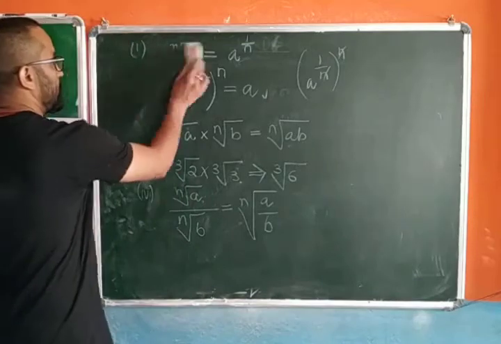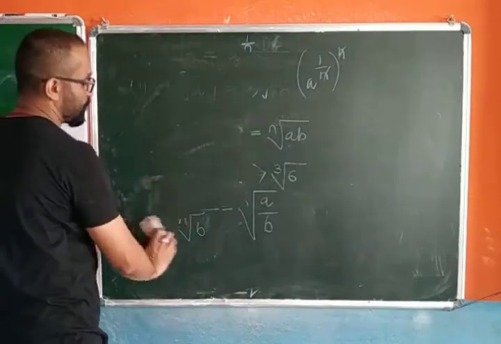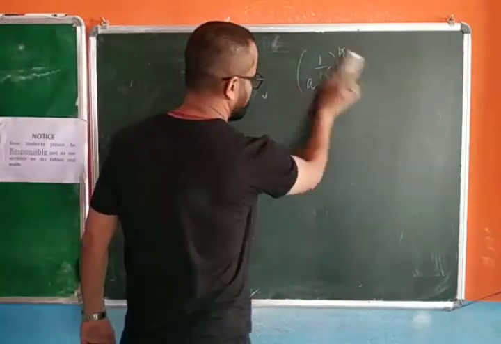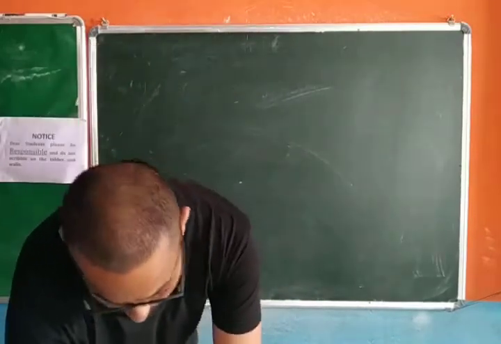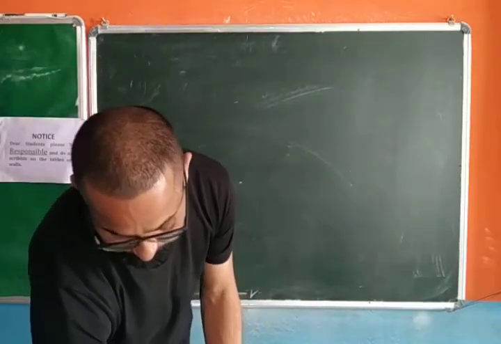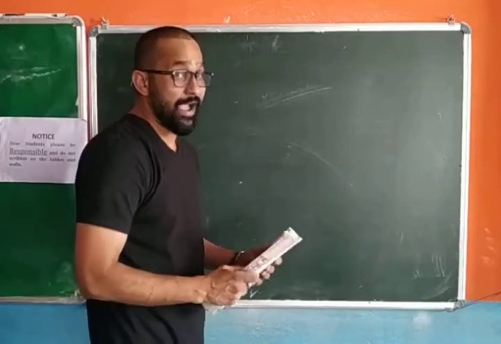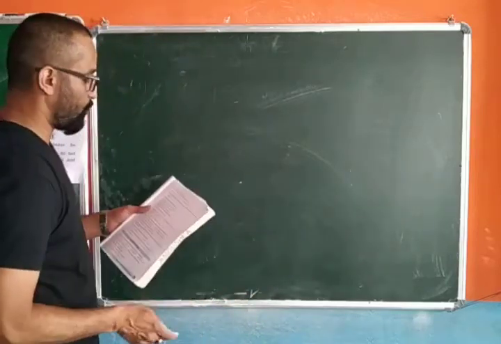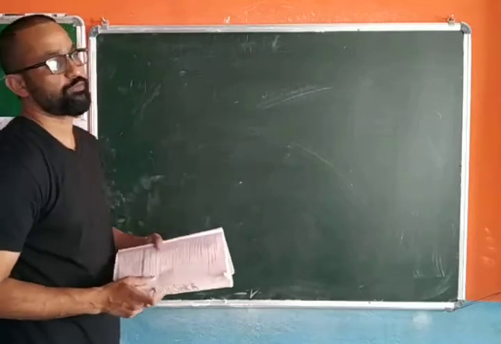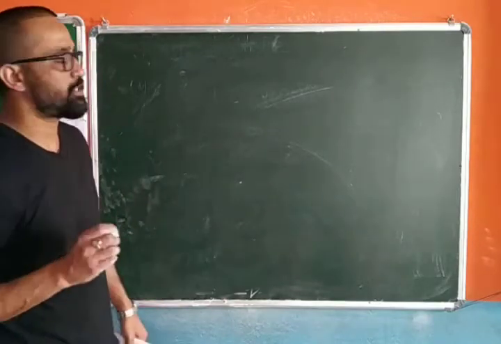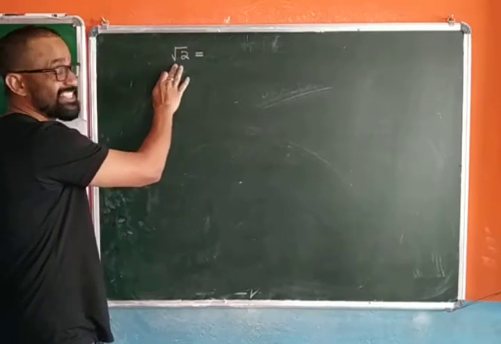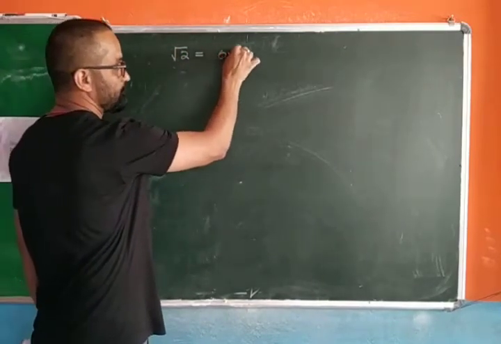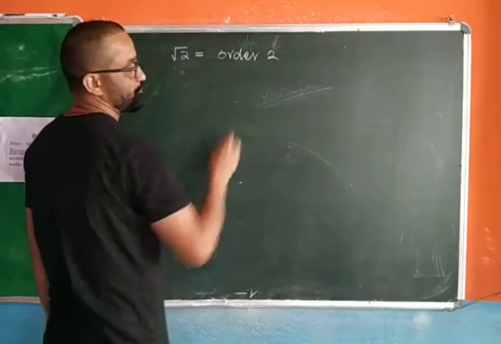So look at the application of surds. The first application, facts about surds of order 2. Let's discuss this first. Suppose I write root 2. This is a surd of order 2.